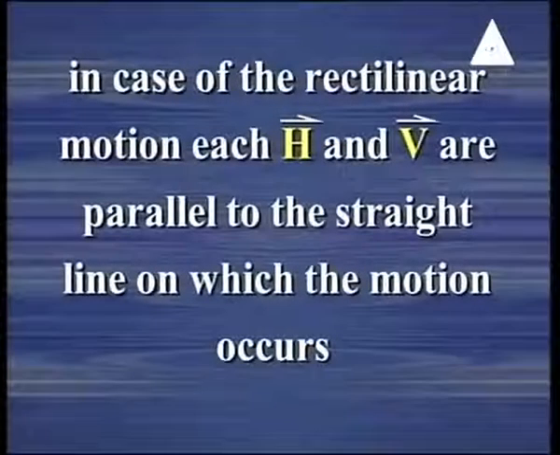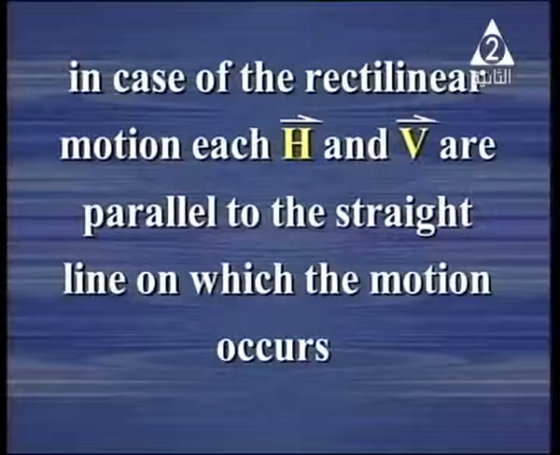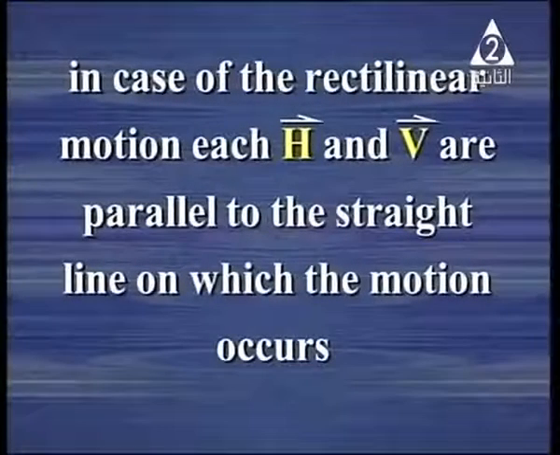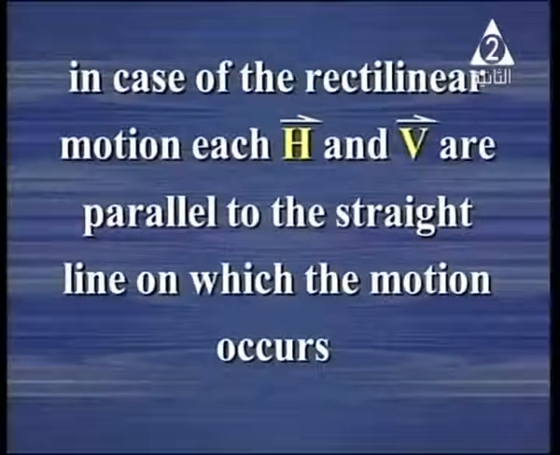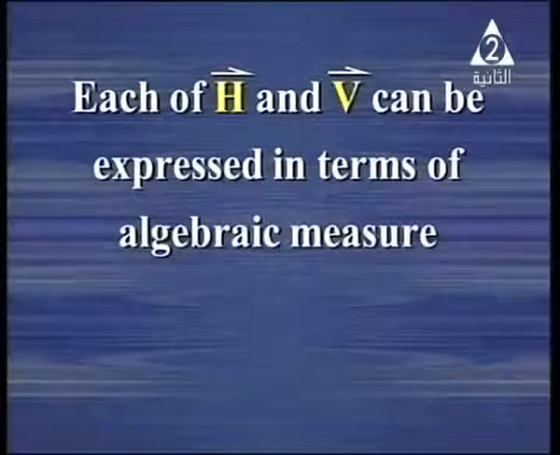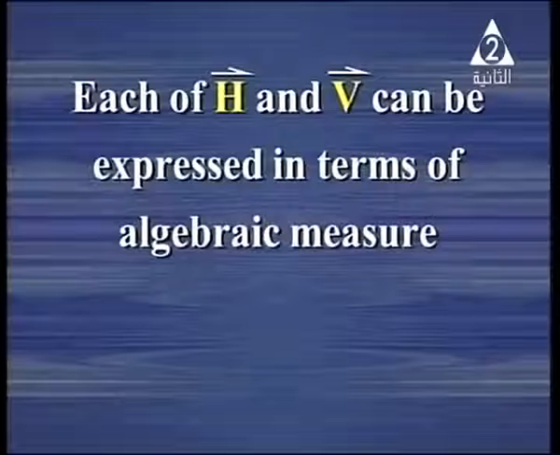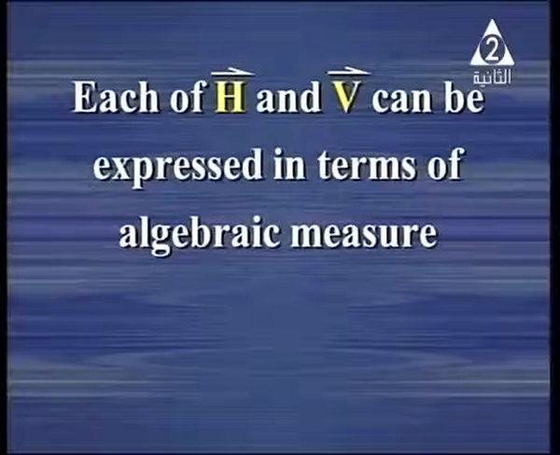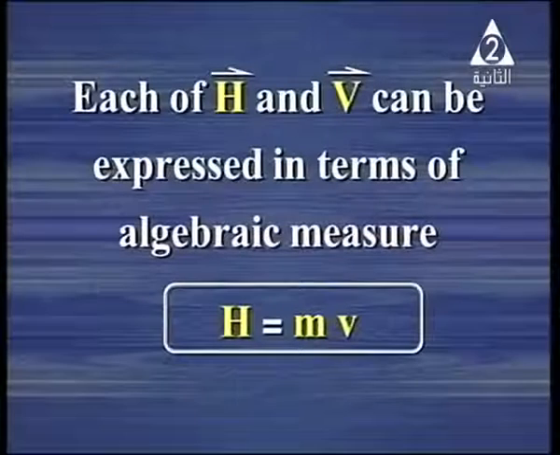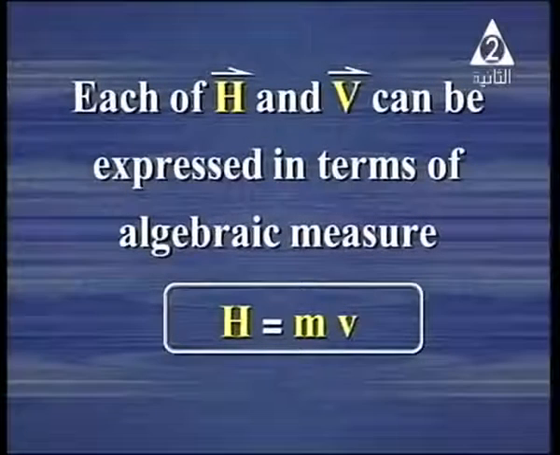In this case, dear student, of rectilinear motion, momentum h and velocity v are parallel to the straight line on which the motion occurs. Momentum h and velocity v can be expressed in algebraic terms. What is the algebraic term? H equals mv. We have two equations.